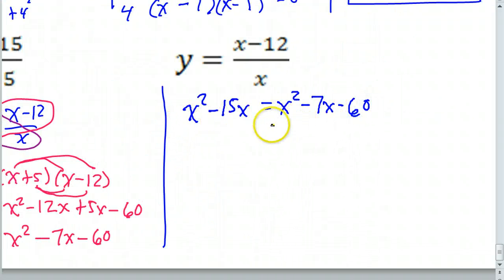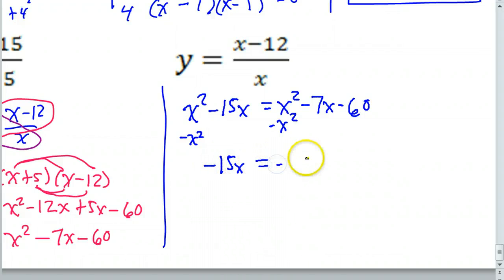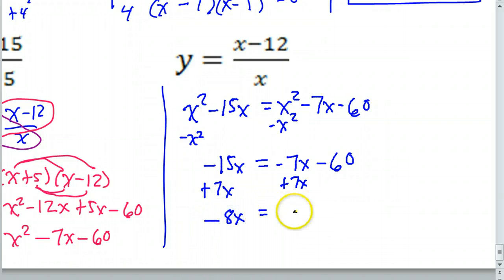All right, the first thing I want to do is subtract x squared from both sides. All right, both of these cancel out. So that leaves me with negative 15x is equal to negative 7x minus 60. Then I would add 7x to both sides. So that's going to give me negative 8x is equal to negative 60.